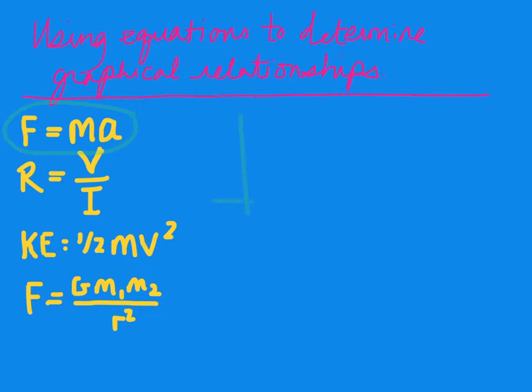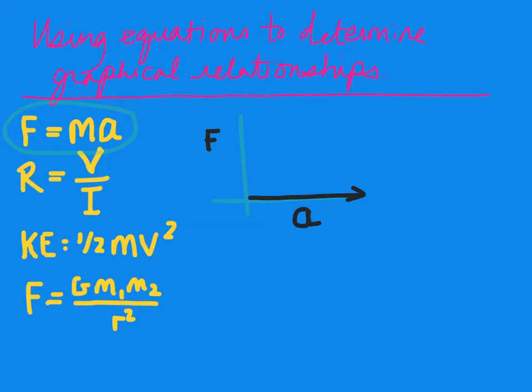So let me set up some axes. I'm going to place a on this axis and F on this axis. Now as a increases, what happens to F? If we put numbers in for a, what happens to the variable F?